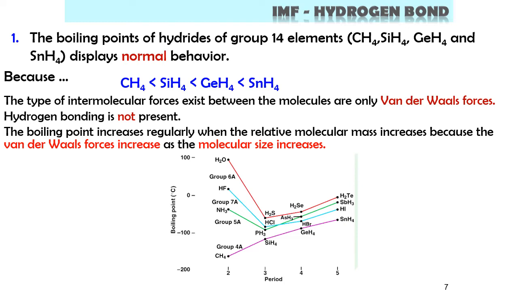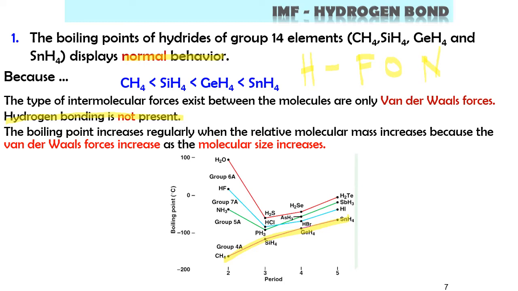Okay, the boiling point of hydrides of group 14. So, it will display normal behavior. As I said just now, the trend is that all increase normally. Okay, this is because for group 14 there is no formation of hydrogen bond. So, remember back the requirement for having hydrogen bond, there must be handphone, HFON. Okay, so it has hydrogen.